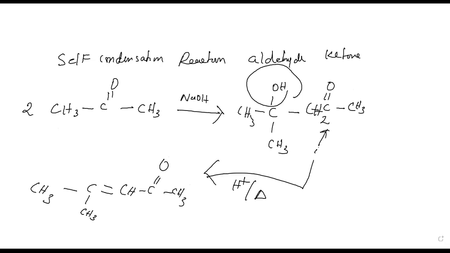And next we studied the reduction of aldehyde and ketone. When you reduce the aldehyde by using lithium aluminium hydride or sodium borohydride, you will end up with primary alcohol.